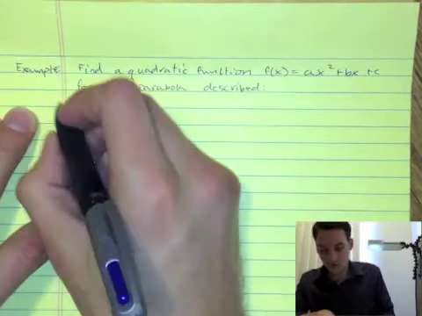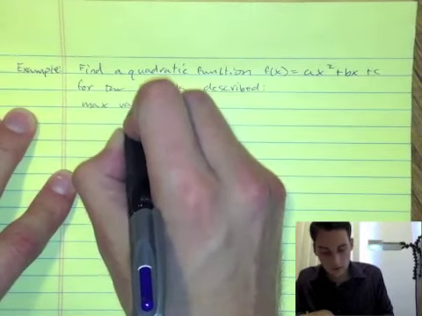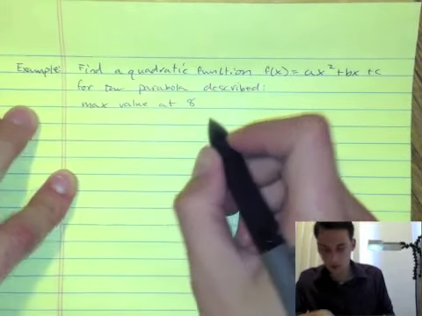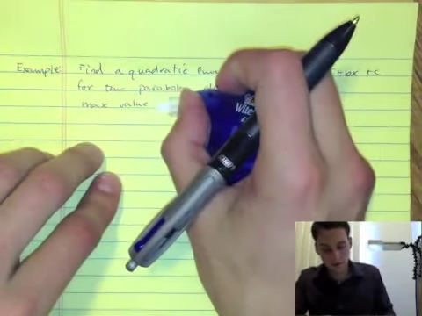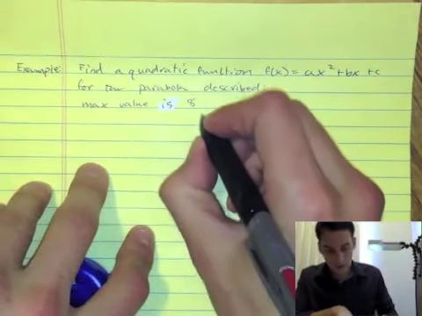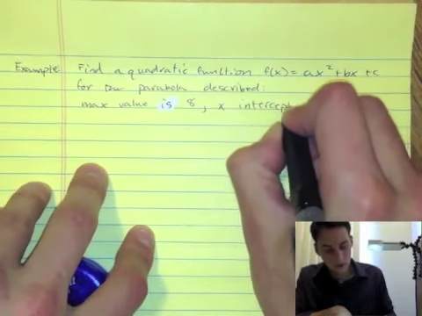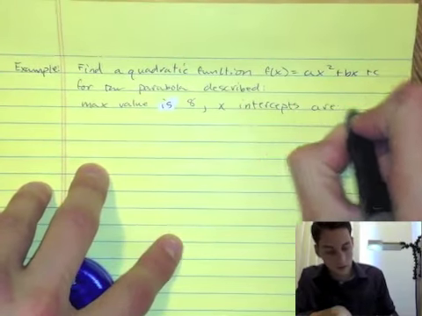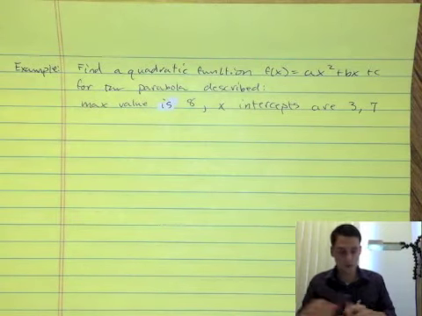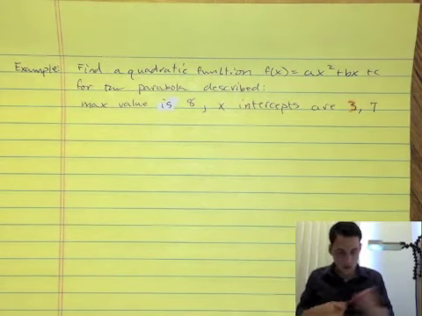And the parabola described will have a max value at 8, or the maximum value is 8. Max value is 8. X-intercepts are 3 and 7. So this is the information given.